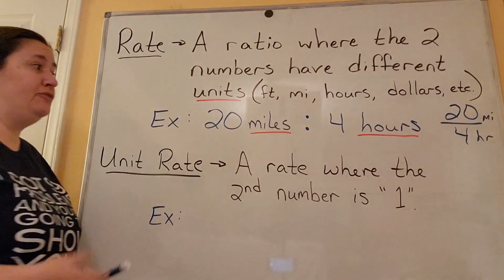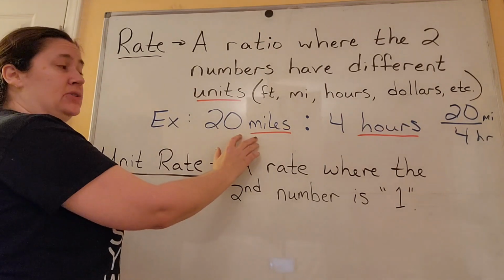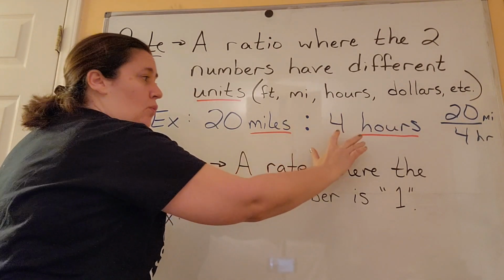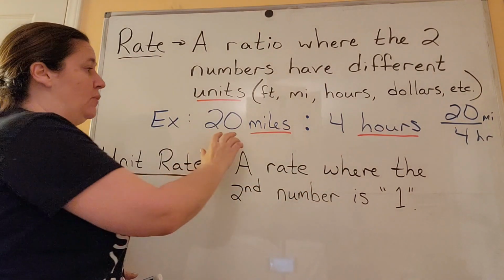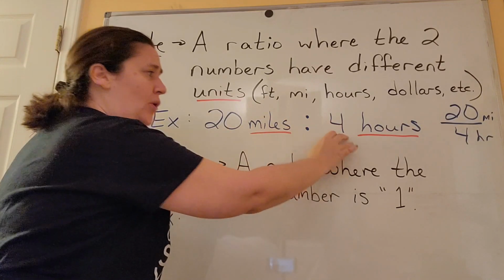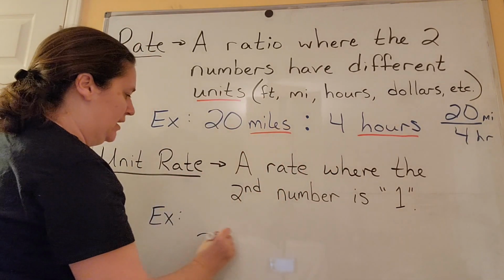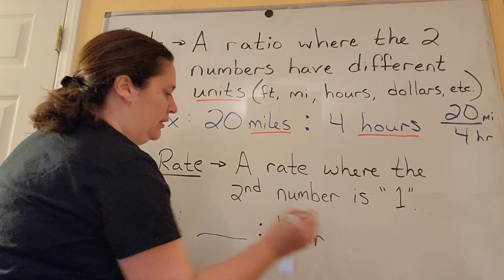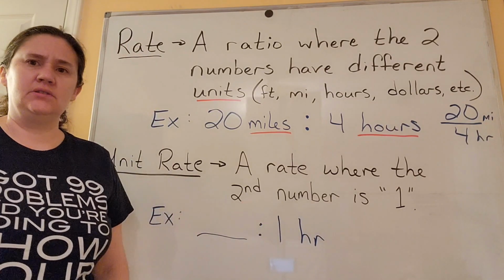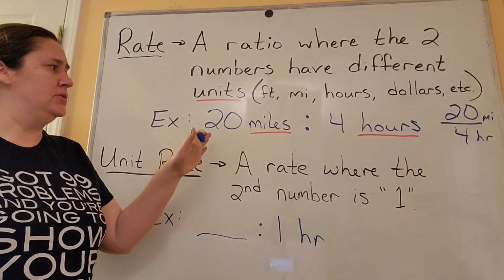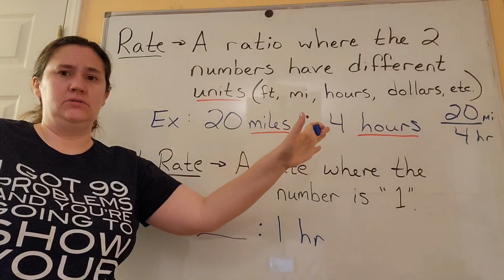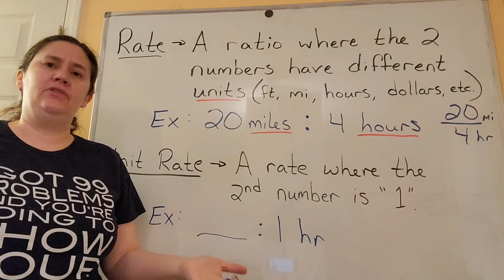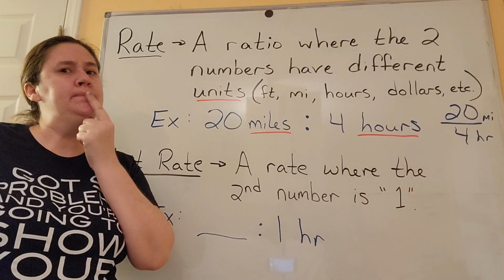What we would try to find is how many miles did I travel in just 1 hour? If I went 20 miles in 4 hours, then how many miles did I go in just 1 hour? How would I figure that out? I went 20 miles and it took me 4 hours. So how far did I travel in just 1 hour?